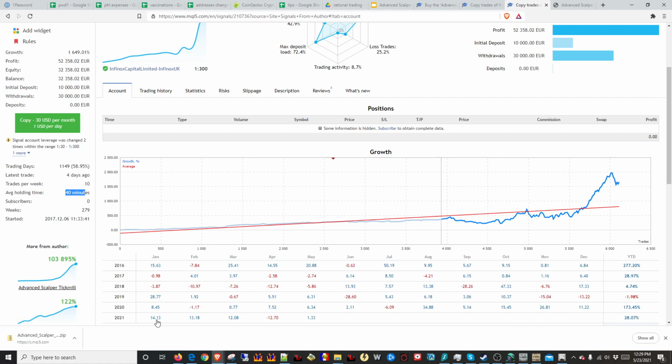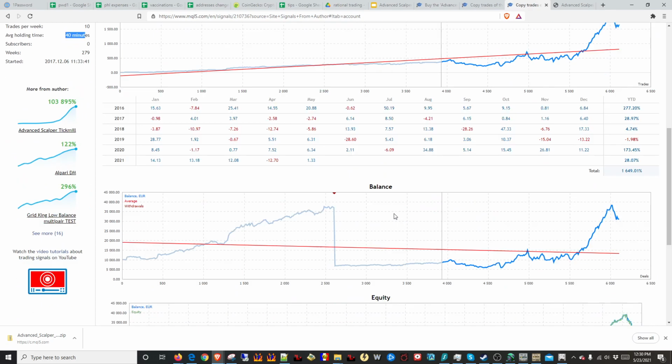And then even into this year, he's carried on with 3 very good months, although he had a losing April. So you can see, since we've compounded and our lot sizes are much higher, a minus 12% month is kind of a disaster when you're trading with such lot sizes, because you go down a lot.